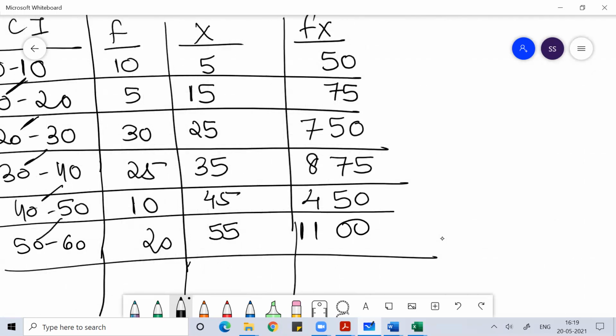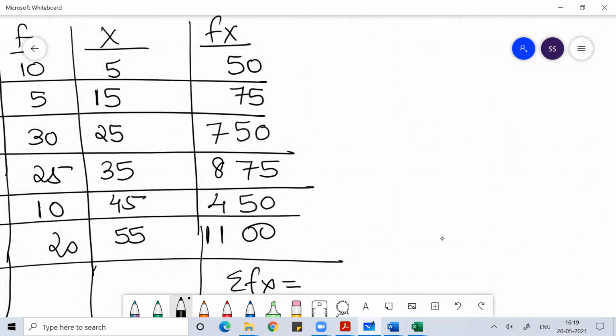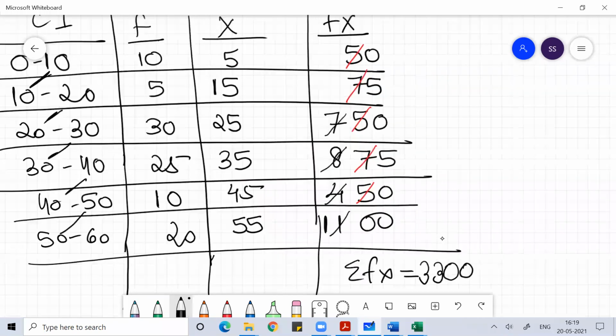Let me know if there is a calculation mistake anywhere. Sum of fx: adding these up, we get 3300.